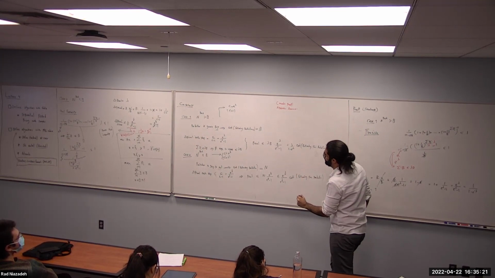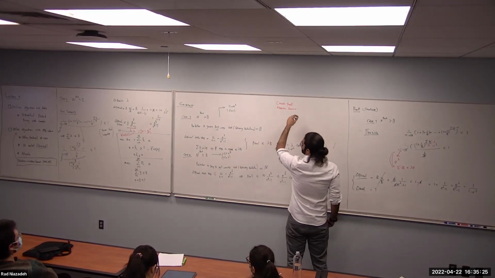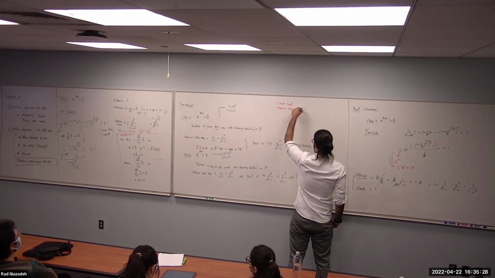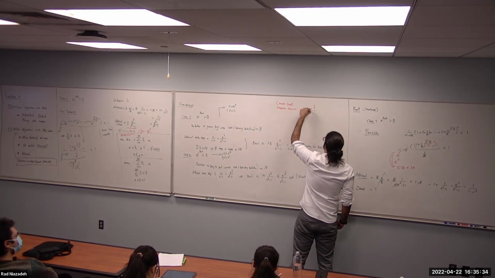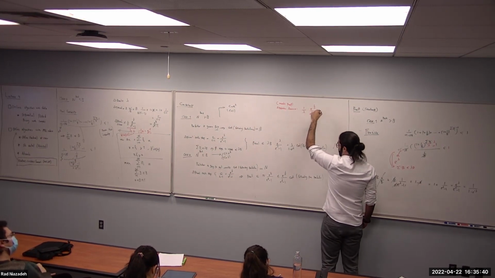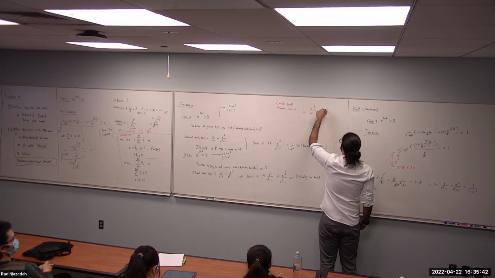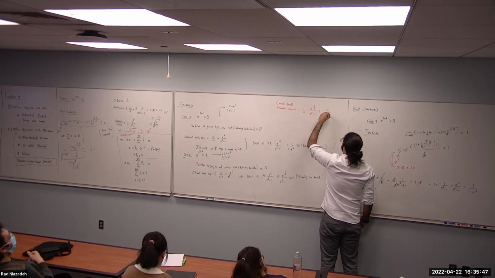The algebraic lemma is that 1 over lambda times e to the power 1 over lambda divided by e to the power 1 over lambda minus 1 is at most 1 over 1 minus e to the power minus lambda.